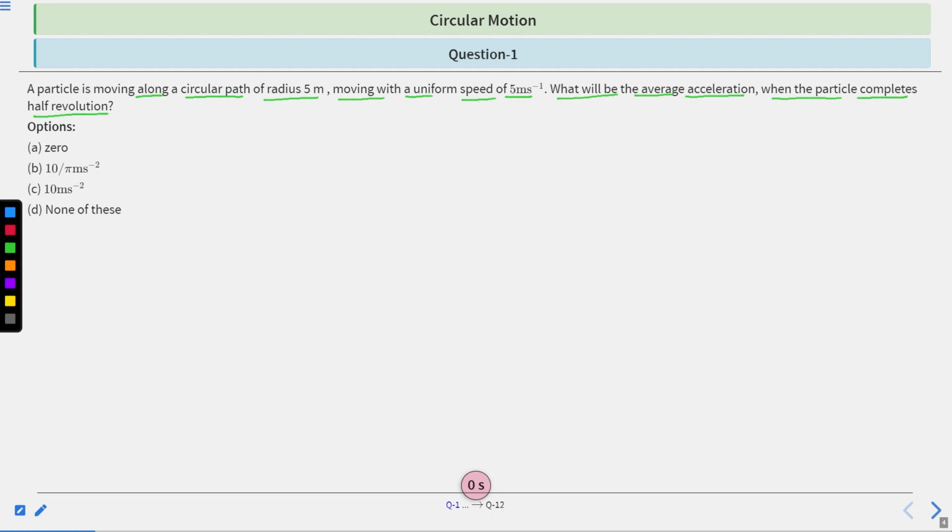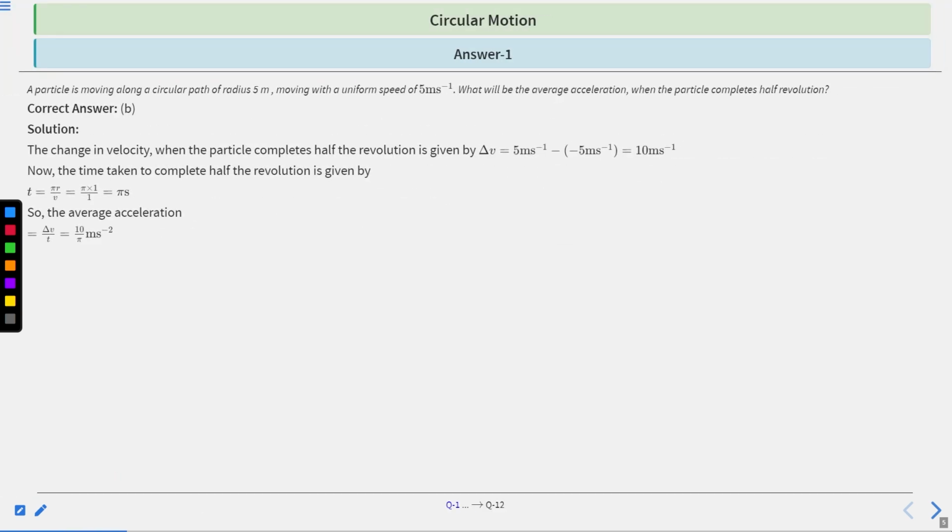Let's find the solution. According to the question, the particle is moving along a circular path of radius 5 meter, moving with uniform speed of 5 meter per second. The question asks what will be the average acceleration when the particle completes half revolution.